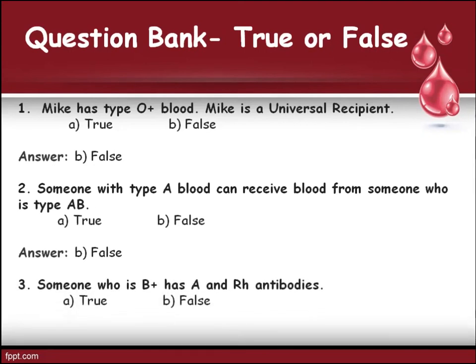Someone who is B positive has A and Rh antibodies. Option A is true and option B is false, and the answer is true. The B positive blood group has the A and the Rh antibodies.